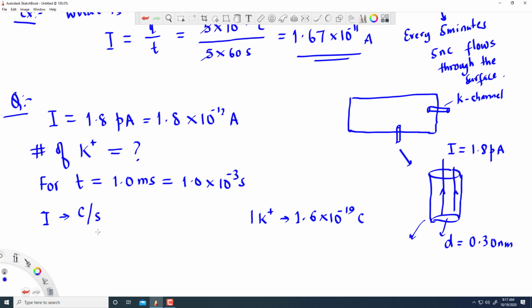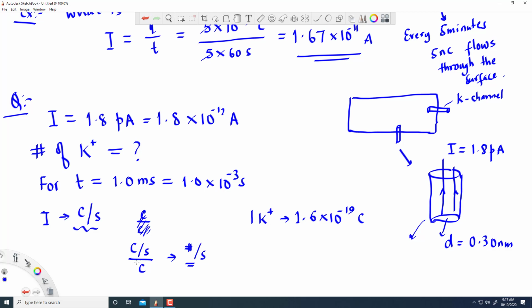So, by using simple arithmetic, if we do coulomb per second over coulomb, we can get number of ions per second. Right.